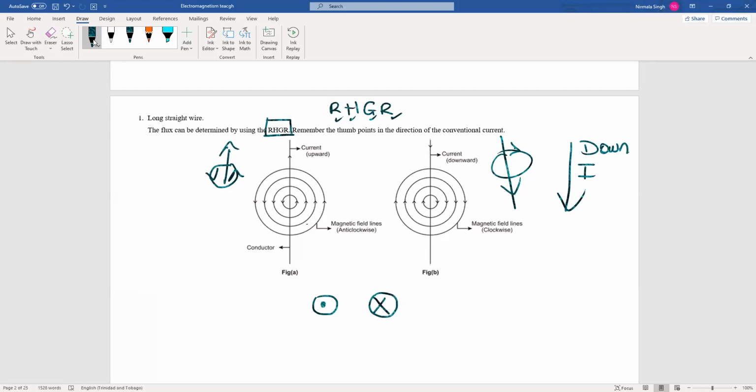All right, so if our current is coming out of the page, it's represented with a circle and a dot. And if it's going into the page, meaning your exam paper or question paper that's right in front of you, it will be a circle with an X.